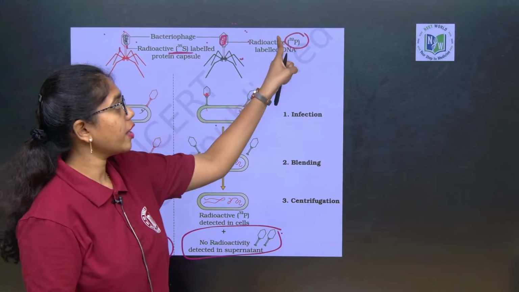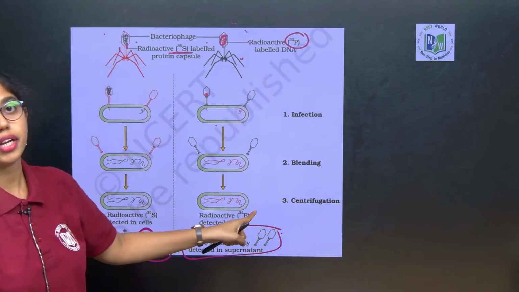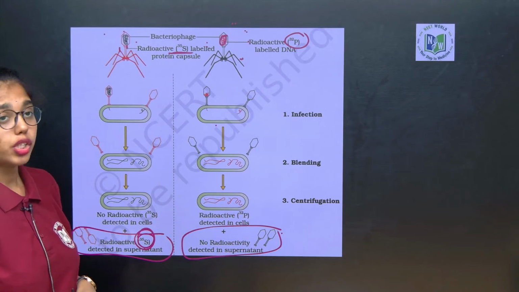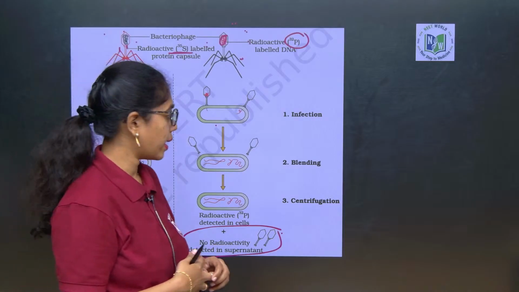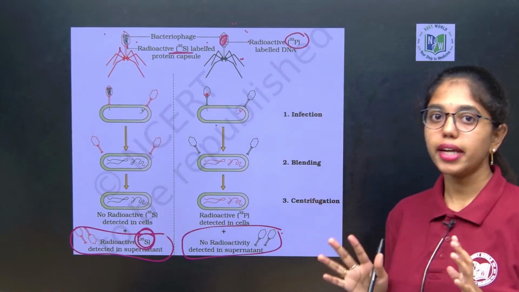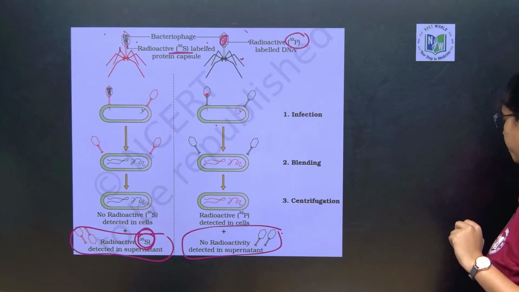It means the radioactive phosphate has entered the genetic material of the bacteria. That is how they proved that DNA is the genetic material that is passing.